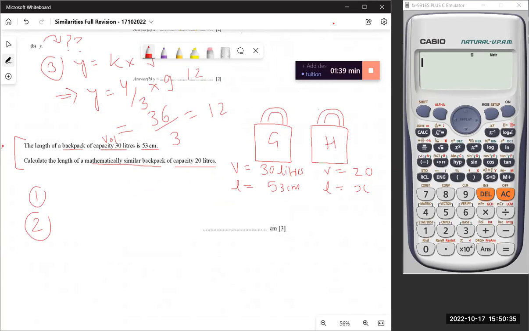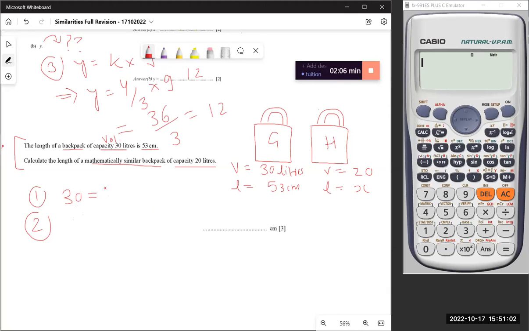Zara, correct answer. Sir, I got a doubt here in the second one. Ask me. Okay, so for example, here we have 30 liters and 53 centimeter. We will take first 30 liters and 20 liters, and we will make 53 as X, right?